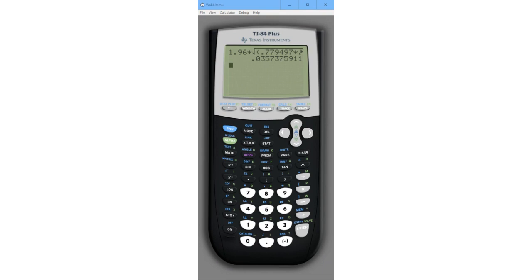So that's all you're doing. Like I said, the only thing that's really new is you're using this different formula for your standard error.